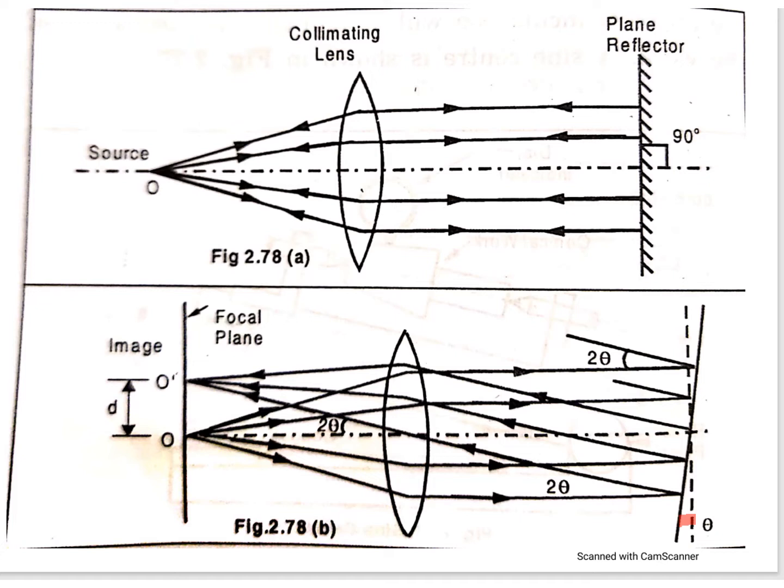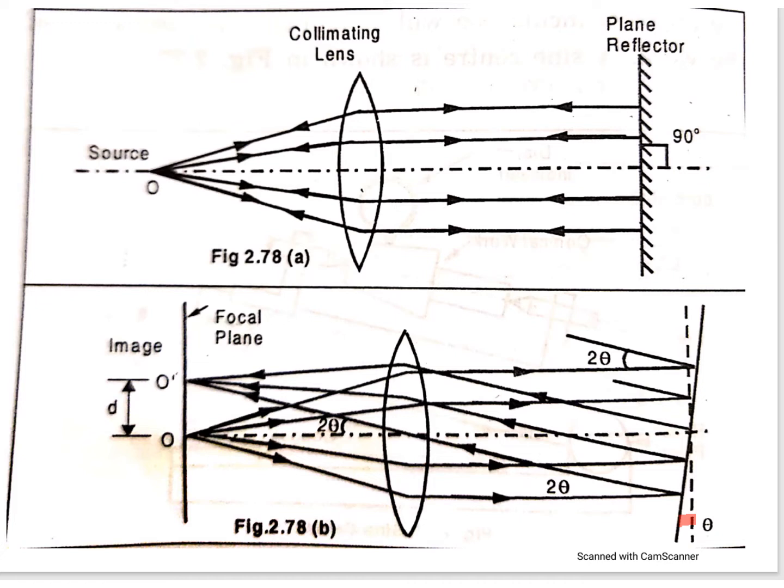The basic principle of the autocollimator is that if the reflector is tilted, the light rays will not follow the same path back but will follow another path, and the image will fall on the focal plane at O dash instead of O. The distance between O and O dash, that is the displacement D, is given by 2 theta into the focal length of the lens.